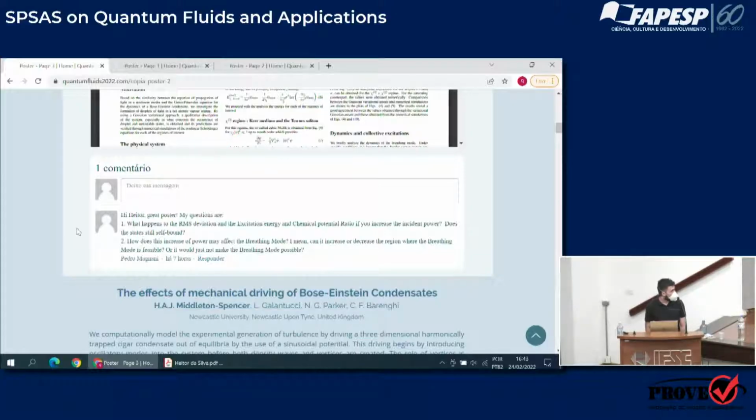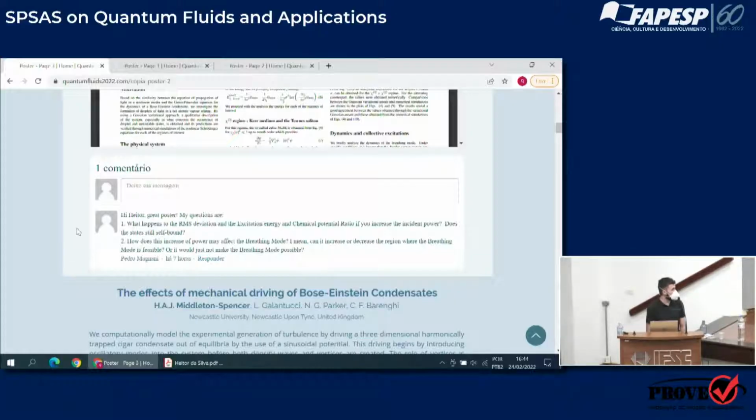I realized that the values we are using for the incident power might be too big, because as you can see in the plots in the poster, the region for observing this breathing mode is very narrow.